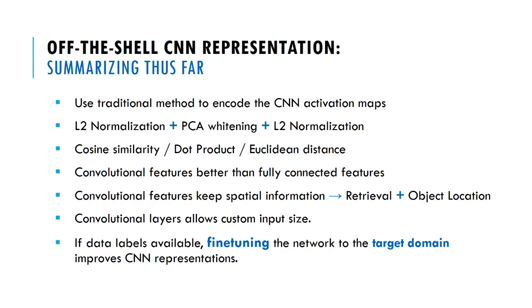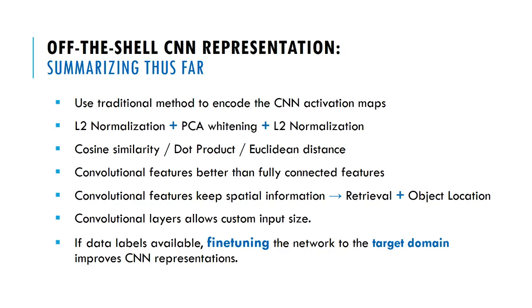So the other point we want to highlight here is that convolutional features are better than fully connected features from an experiment in general. And this is something that is important to keep in mind. Why are they better? There's a few reasons. One is that the convolutional features keep the spatial information.